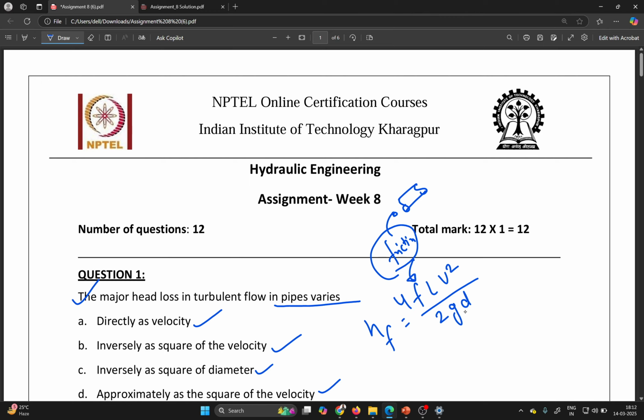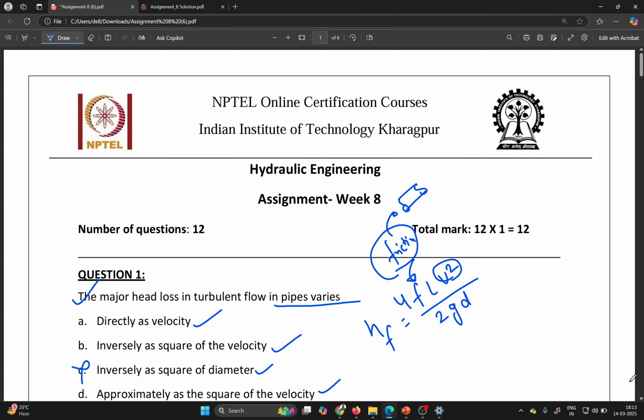Inversely as the square of diameter is not correct. Directly as velocity is not correct either, nor inversely as the square of velocity. Approximately as the square of velocity, approximately directly proportional to, maybe the term should be there.